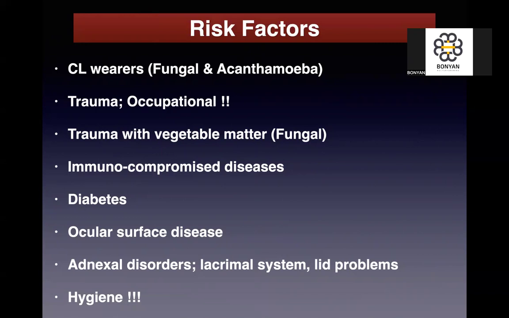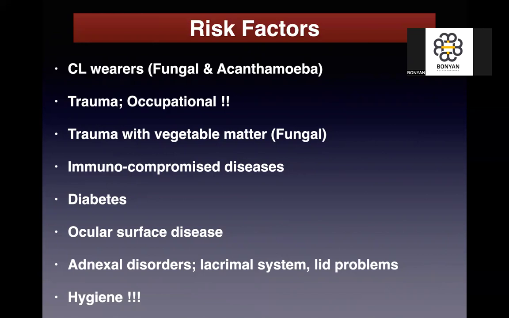Immunocompromised diseases lower the immunity of the body, so opportunistic infections may happen, including corneal ulceration. Also diabetes mellitus, if uncontrolled, will lead to depression of the immunity and increase the incidence of opportunistic infections.